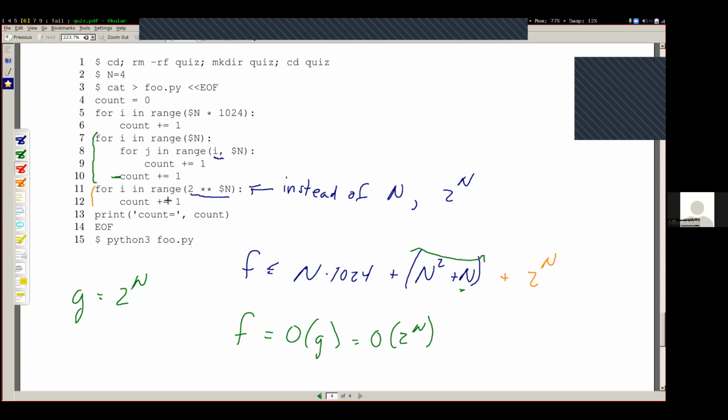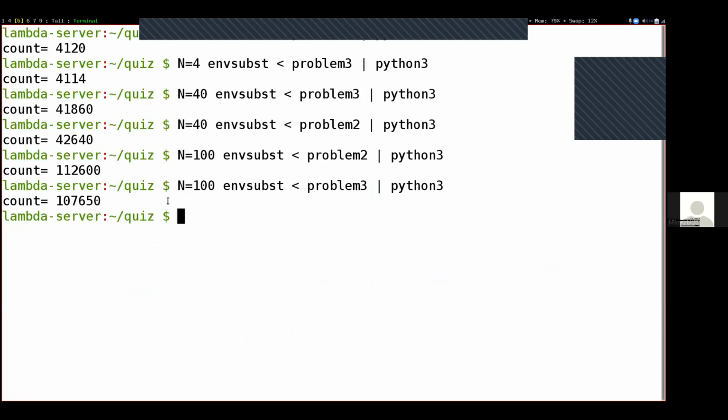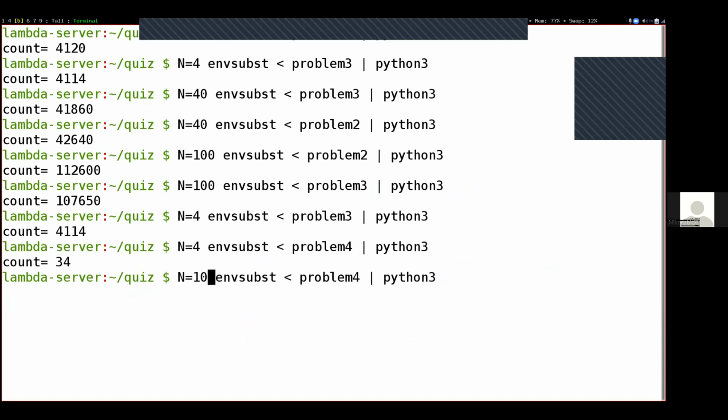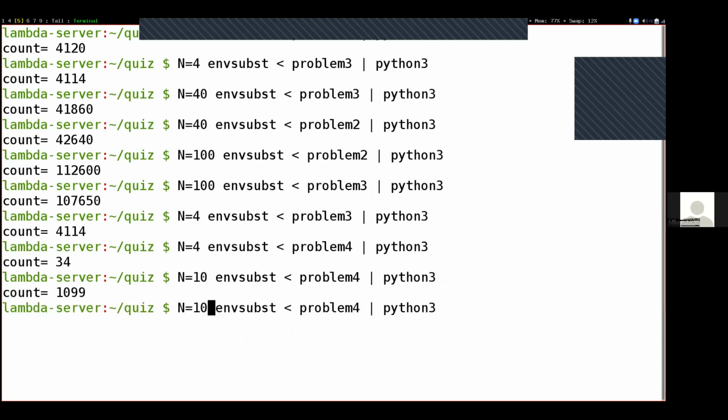If I come back over to the terminal, and let's go back to n equals 4, we'll compare problem 3 and problem 4 now. Problem 4 is a much, much smaller value initially. And let's change this value to 10 right here, though. You can see it's growing pretty fast. And let's change it to 20.